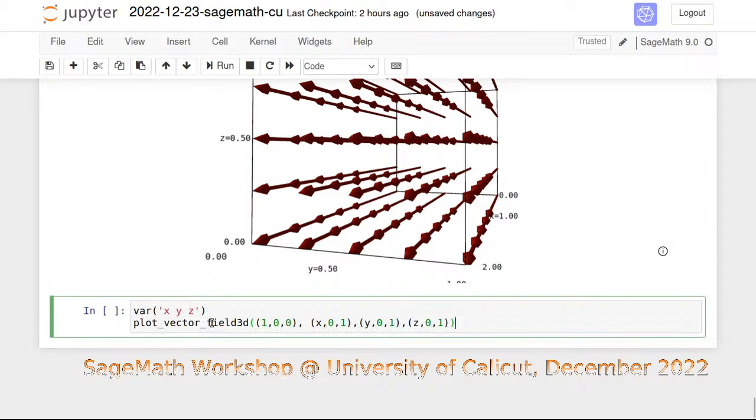Now, on the other hand, suppose that we use plot vector field 3D with sin x, cos y.